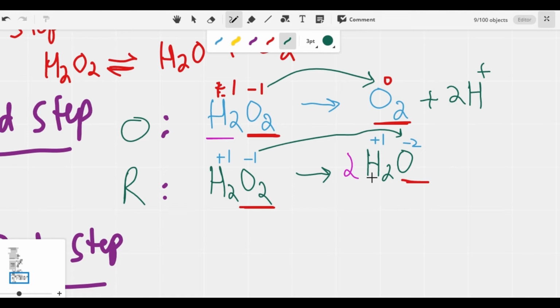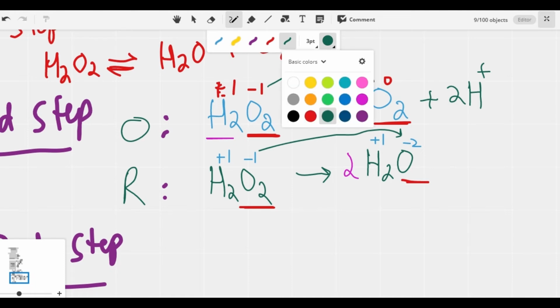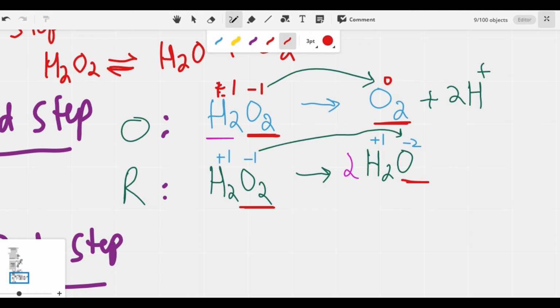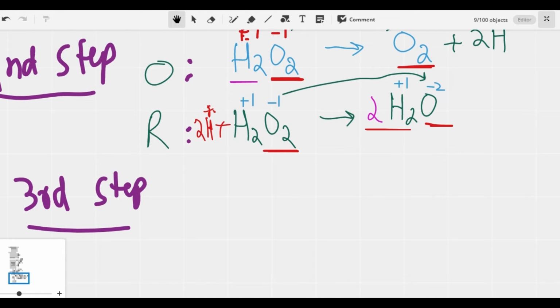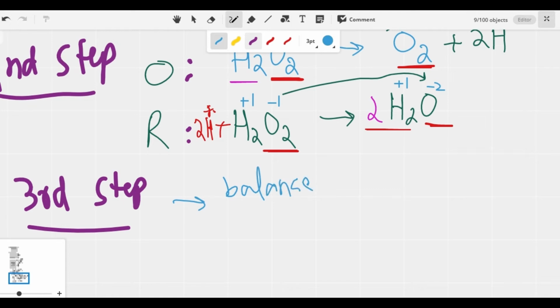So it means you need to add 2 hydrogen on the reactant side, because here are a total of 4 hydrogen. That is the third step, in which we balance the atoms on both sides.